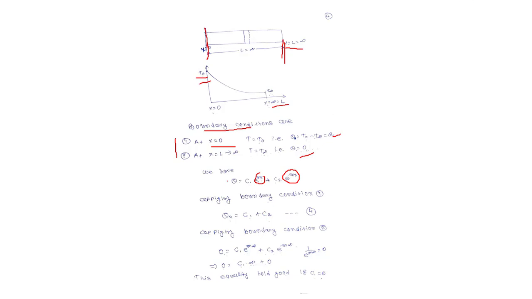Next, applying the second boundary condition, that x is equal to L and T is equal to T infinity, and theta is equal to 0. As we put x is equal to infinity, we get C1 into infinity, as this term becomes infinity, and the other term becomes 0 as it is e raised to minus infinity, so 1 upon infinity is equal to 0.